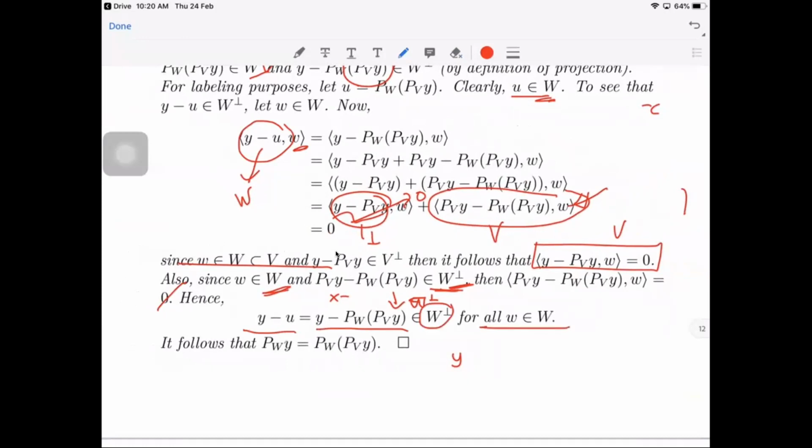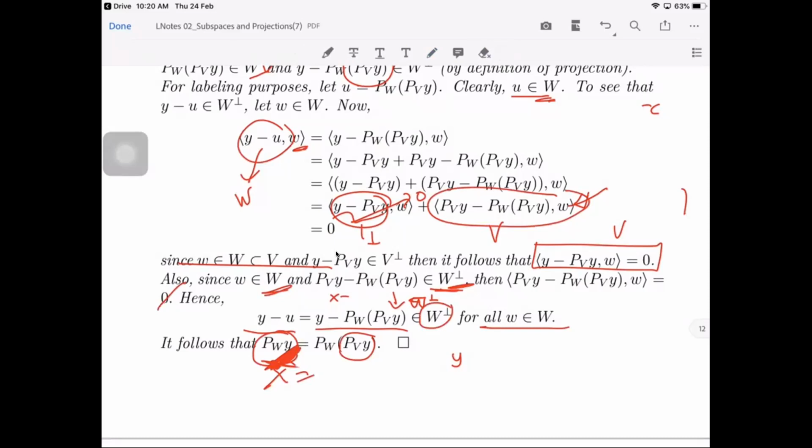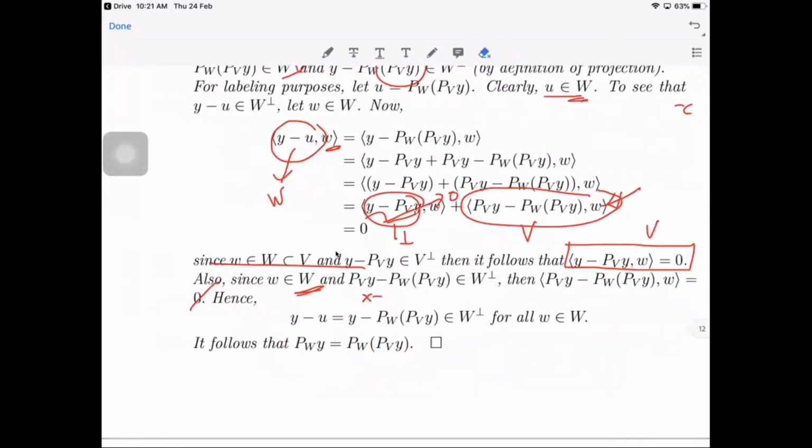So, we showed here that really this vector x is the projection of y unto v unto w. Okay, projection man siya. Kanang y unto w. Okay?